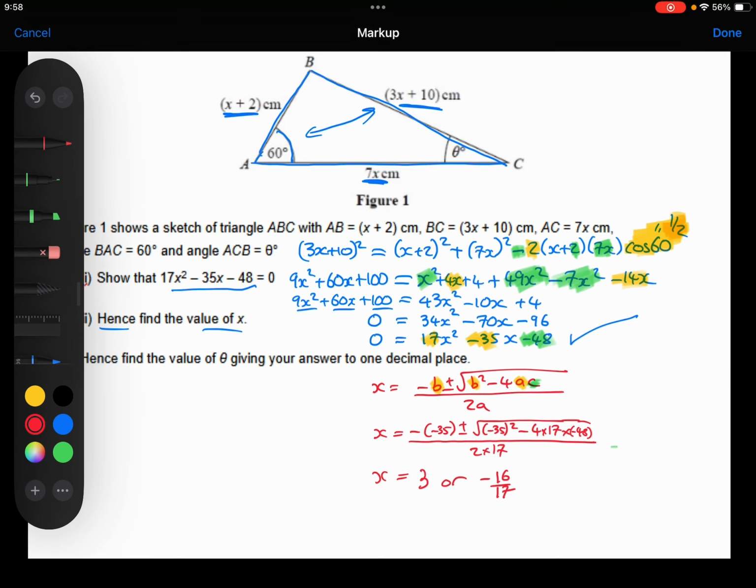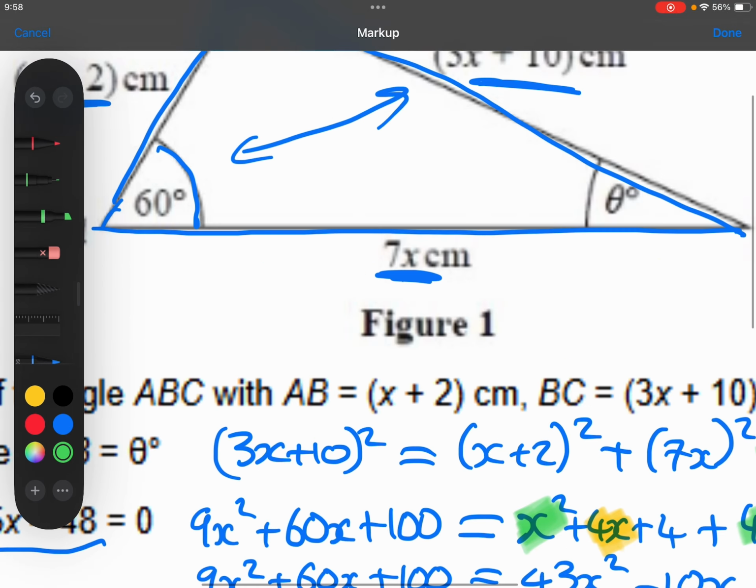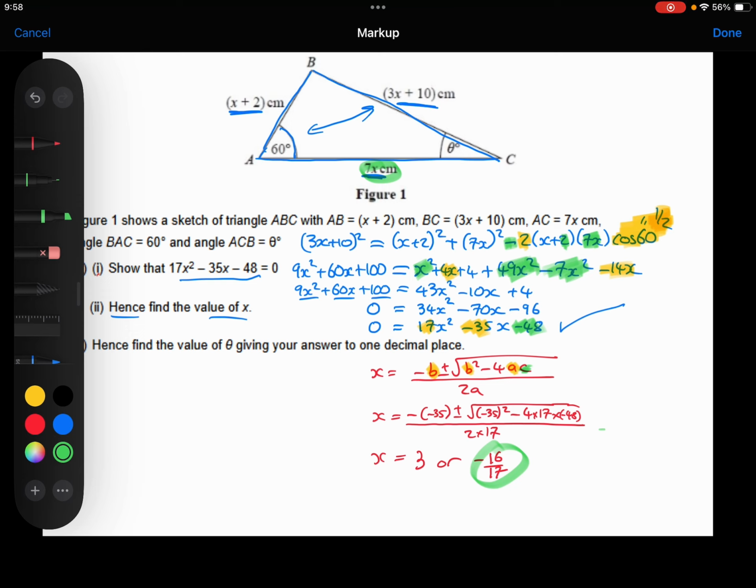Now let's just check which of those is sensible in this question. Well, it can't be the negative one. If x was negative, then this side here would be negative, which doesn't make any sense. So we're going to ignore the minus 16 over 17. That's not our answer, and x is 3.